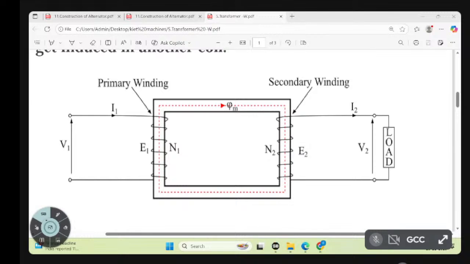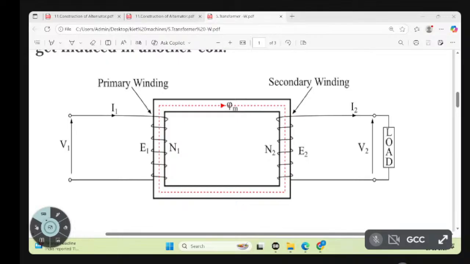With respect to construction, there are two windings available in the transformer. One is called primary winding, the other one is called secondary winding. The winding which is connected to the supply is called primary winding. The winding which is connected to the load is called secondary winding.